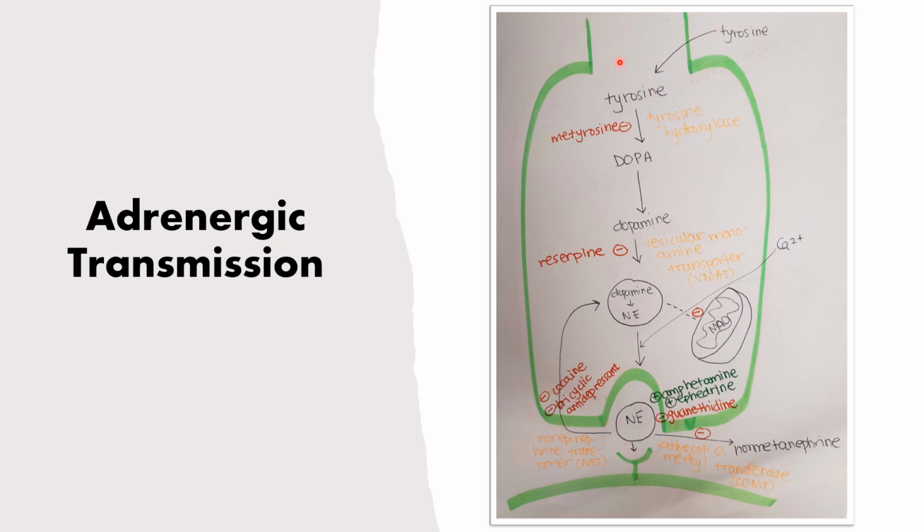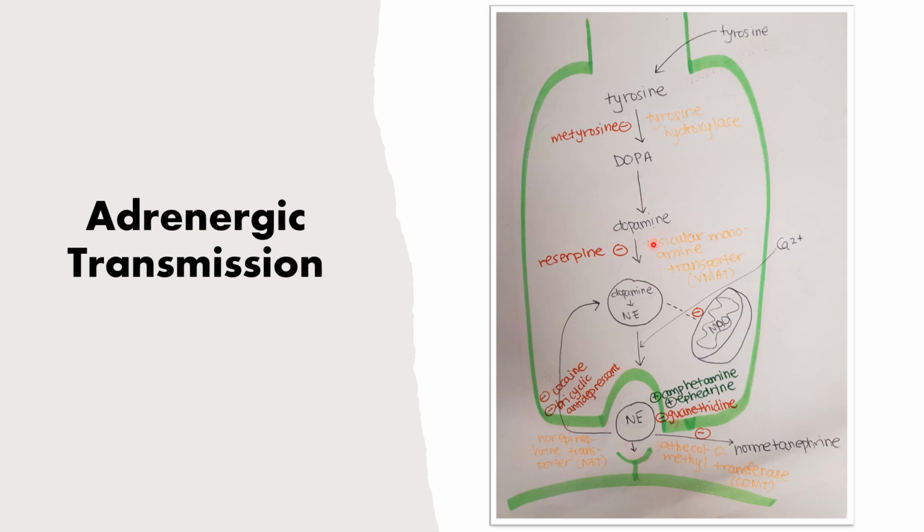When tyrosine gets into the axon terminal, it gets converted into a compound called dopa. This reaction is facilitated by an enzyme called tyrosine hydroxylase. Tyrosine is hydroxylated to dopa via tyrosine hydroxylase, and this reaction can be inhibited by a drug called metyrosine. Once dopa is synthesized, it is then decarboxylated into dopamine.